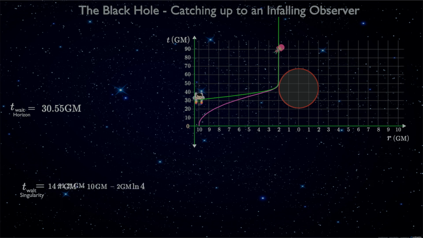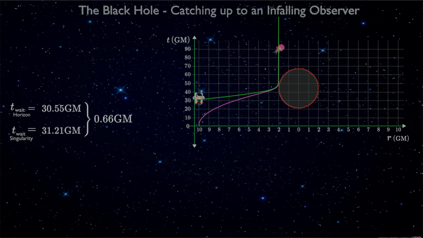Adding this all up together yields a grand total of 31.21 GM. So Tom is only able to wait 0.66 GM longer than the horizon wait time, before he cannot even rendezvous with Stella, before she reaches the singularity inside the horizon.